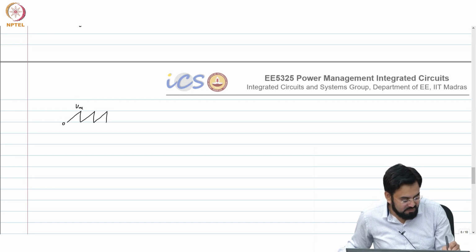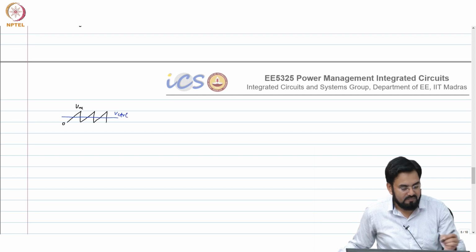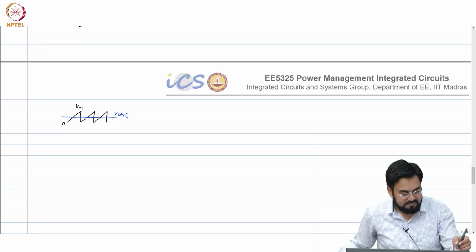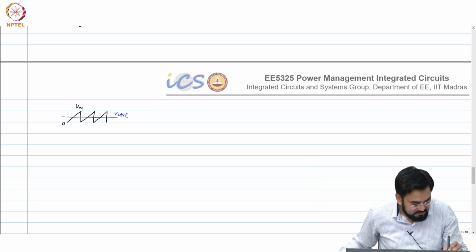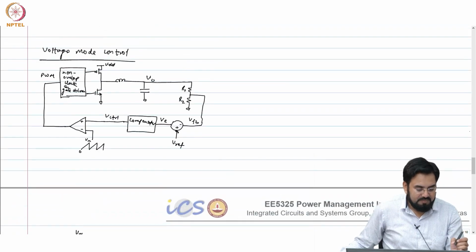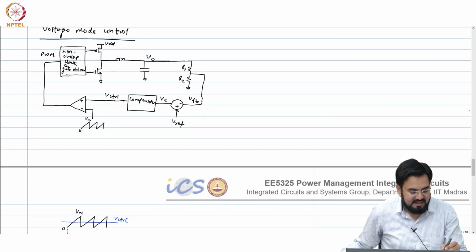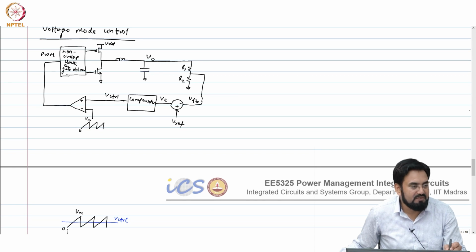If this is my control voltage, so how will your PWM look like? So VCTRL, let's say greater than 0, and this is going 0 to Vm. So whenever you reset to 0, what will happen to the PWM?